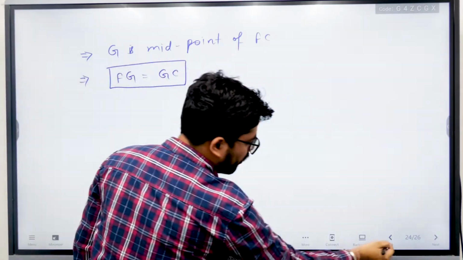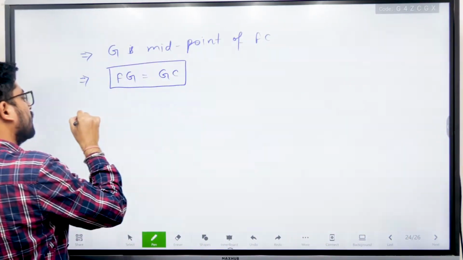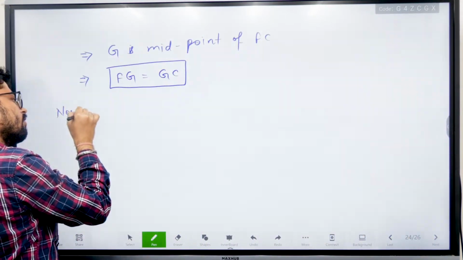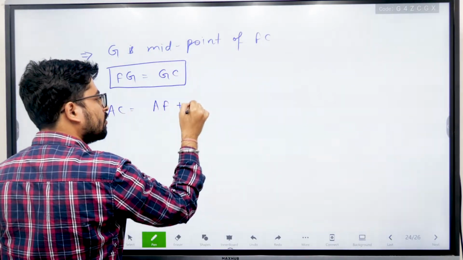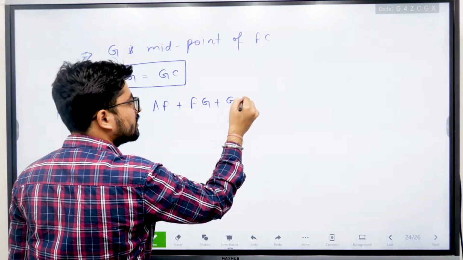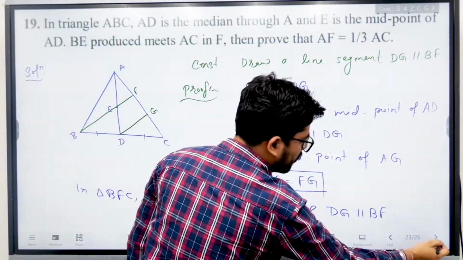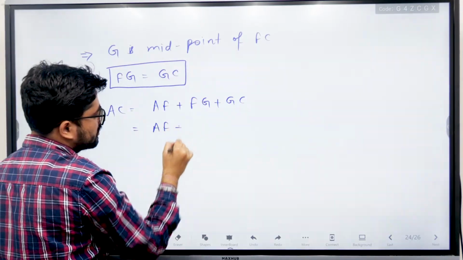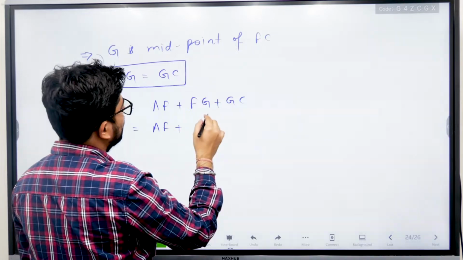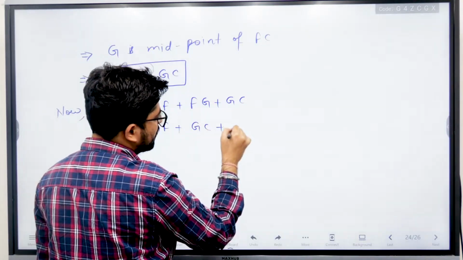Now you can write AC is equal to AF plus FG plus GC. AF as it is, plus FG, and FG is equal to GC, so you can say GC plus GC.